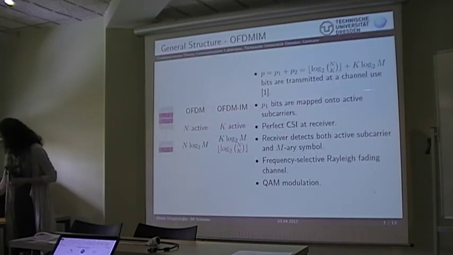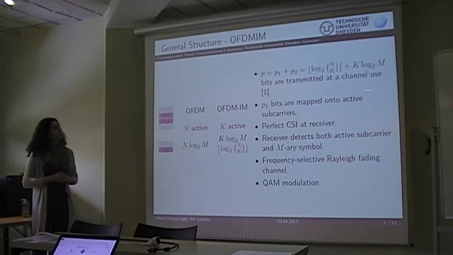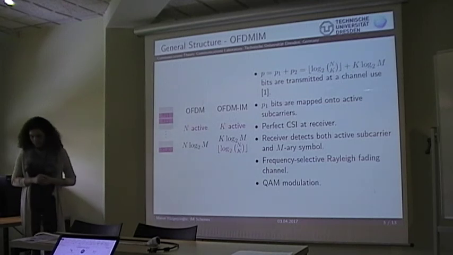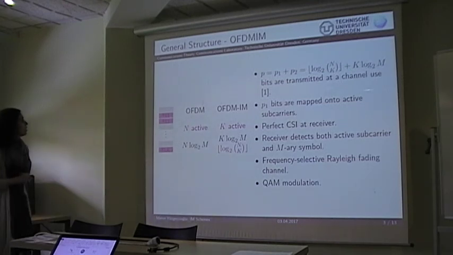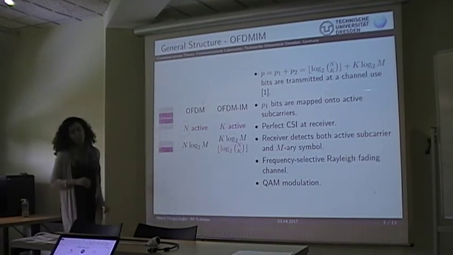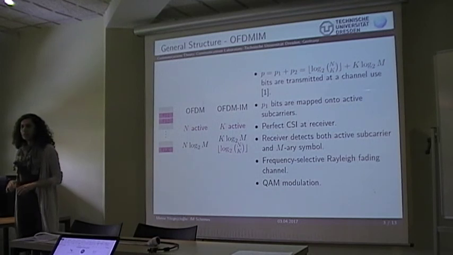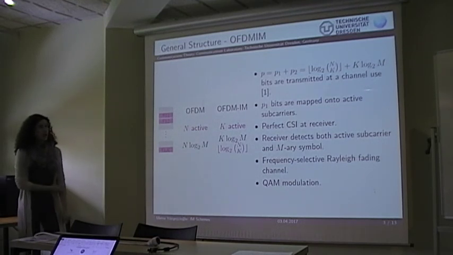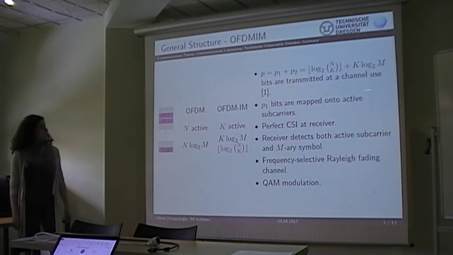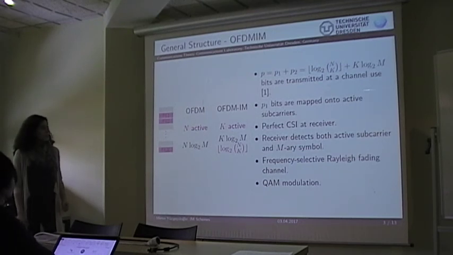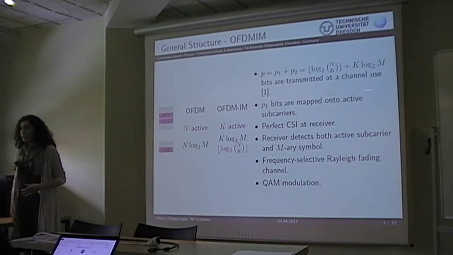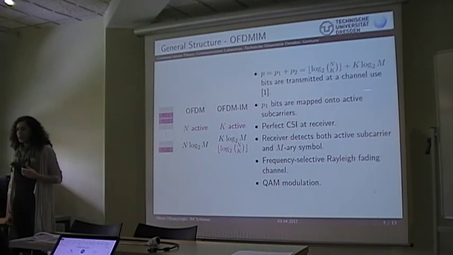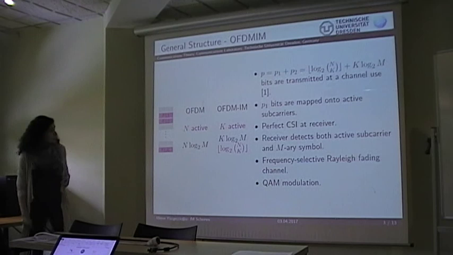I will go into more detail with OFDM with index modulation. Here the blocks are the subcarriers available in an OFDM system, and let's say there are n available subcarriers. In a classical OFDM system, all of them would be active and would carry constellation signals.